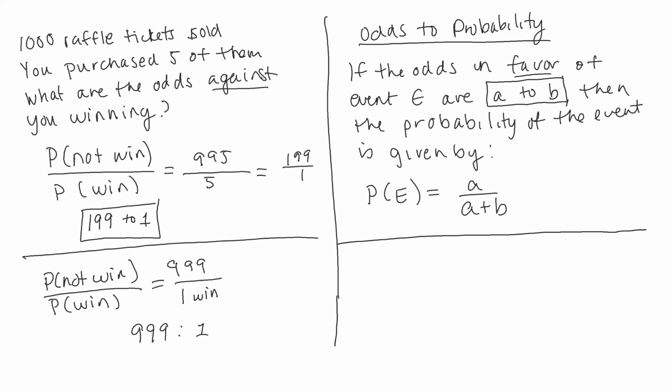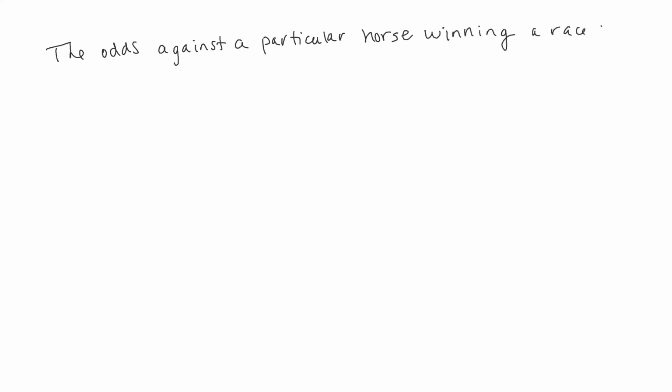So let's look at an example. It says the odds, well, let me go to the next screen. The odds against a particular horse winning a race are 15 to 1. Now keep in mind, this is the odds against.